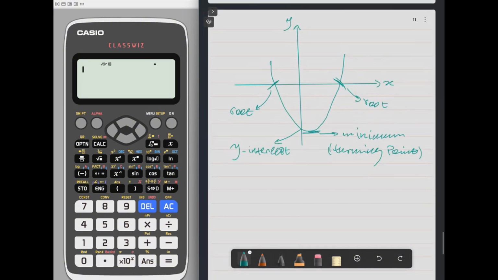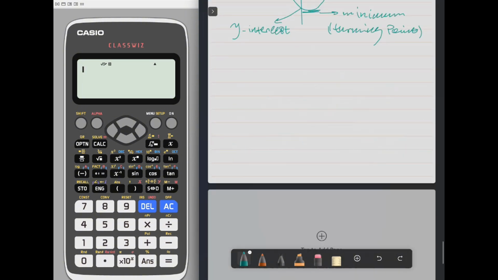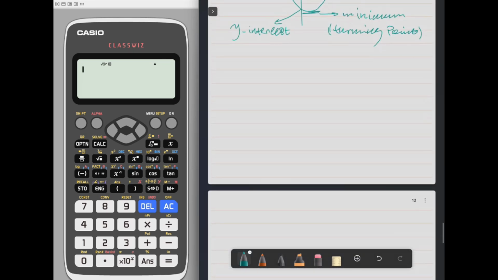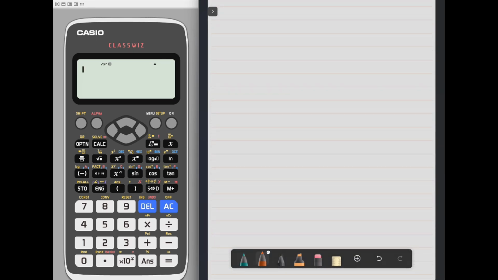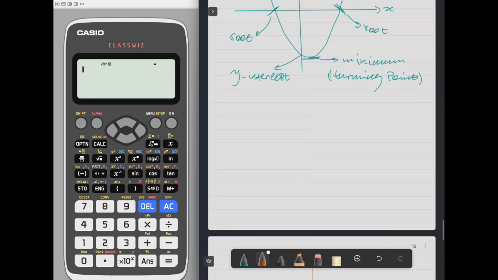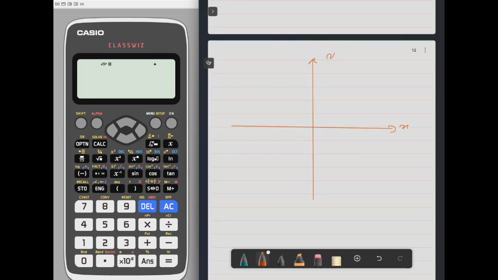And in the same case, let me draw it. x-axis, y-axis. And here, where in f of x, a is less than 0, so it will have a maximum. This is your y-intercept again.